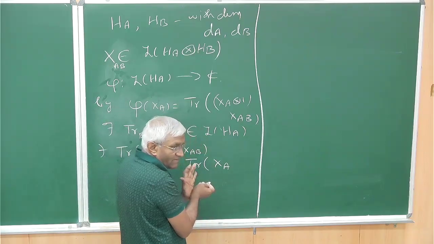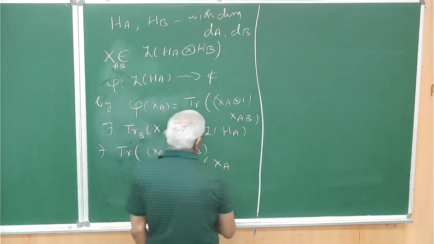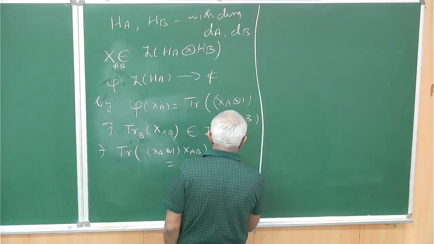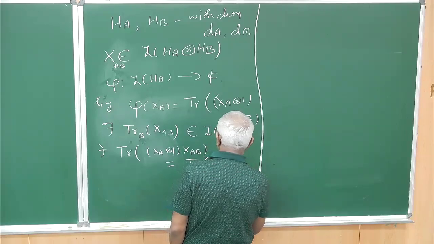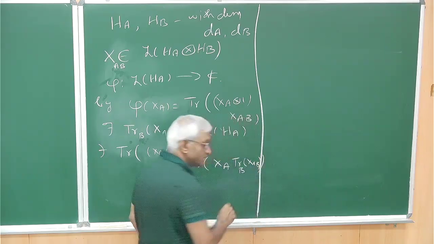I write trace for everything, but with a subscript B it is the partial trace, so there is no confusion.